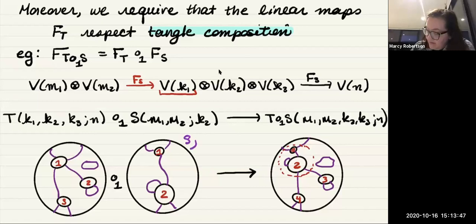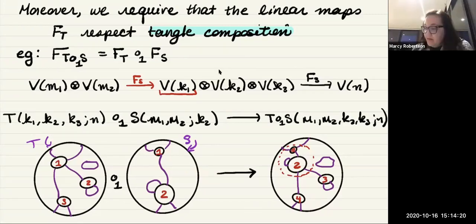So S is giving me the tensor product VM1 tensor VM2 into VK1, and T is giving me VK1, VK2, VK3. I can just identify this vector space with itself, so it's just regular linear composition of maps, and I land in this weird tangle over here. So this other map. I want that to be a property.